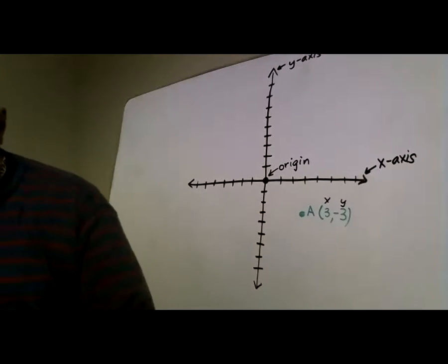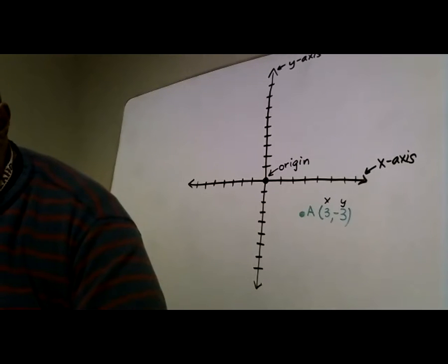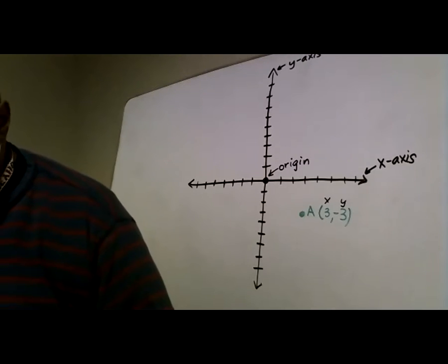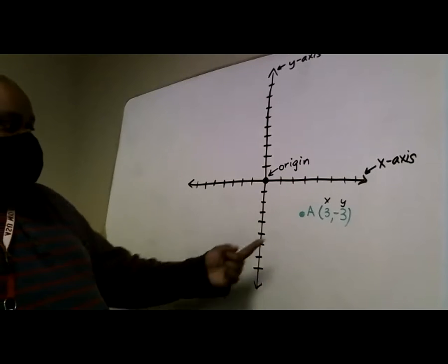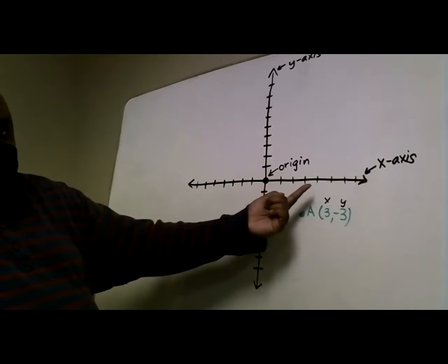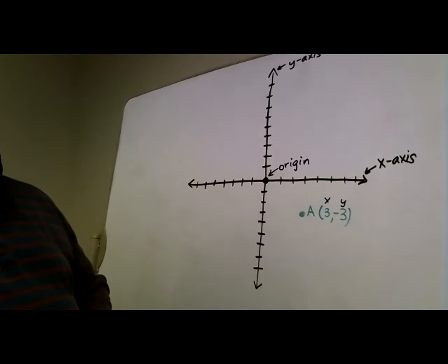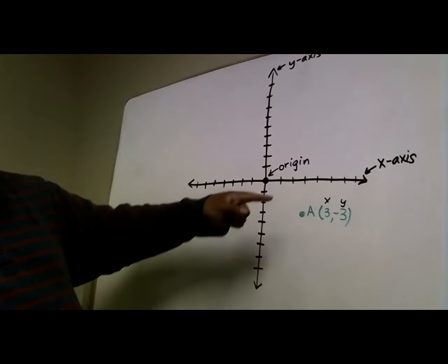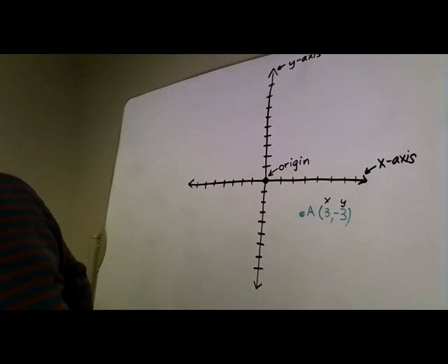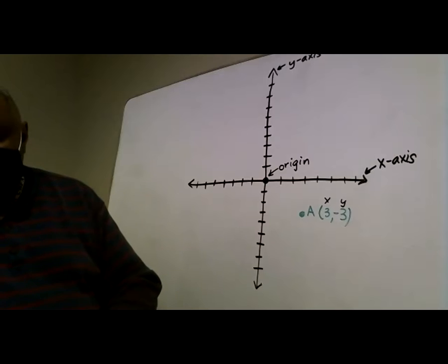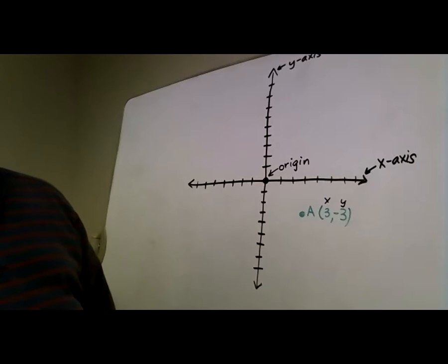So the first number is the x coordinate. The second number in the ordered pair is the y coordinate. And what that first number does, it tells you how far to the right or to the left you need to go on the x-axis. And then your y coordinate tells you how far you need to go up or down, or above or below that horizontal axis, or the x-axis.